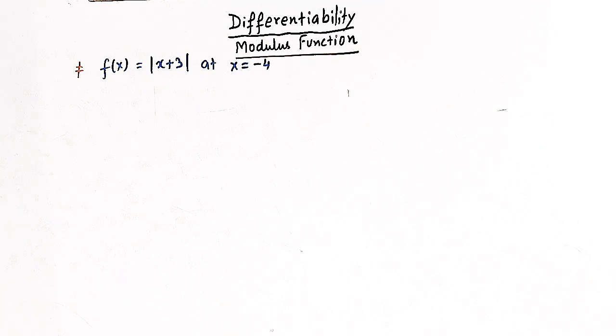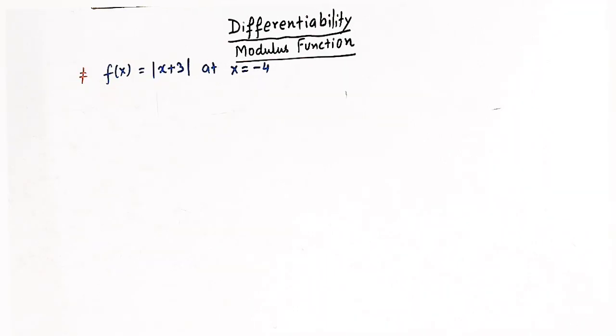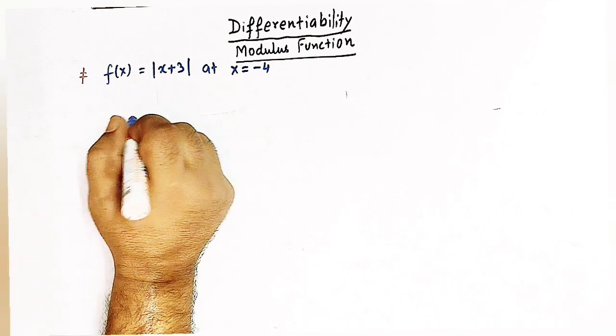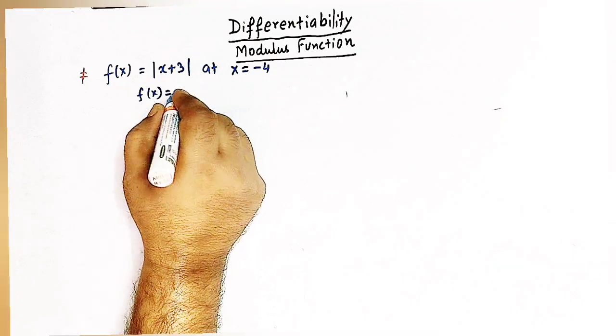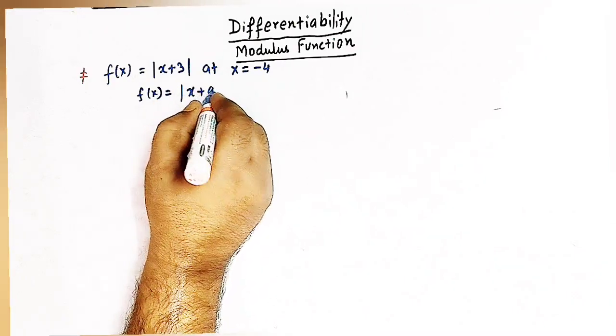Now see, the modulus function is a continuous function for all real numbers, but it is not a differentiable function, right? Suppose we have a modulus function of this type, say f of x is equal to mod of x plus a.